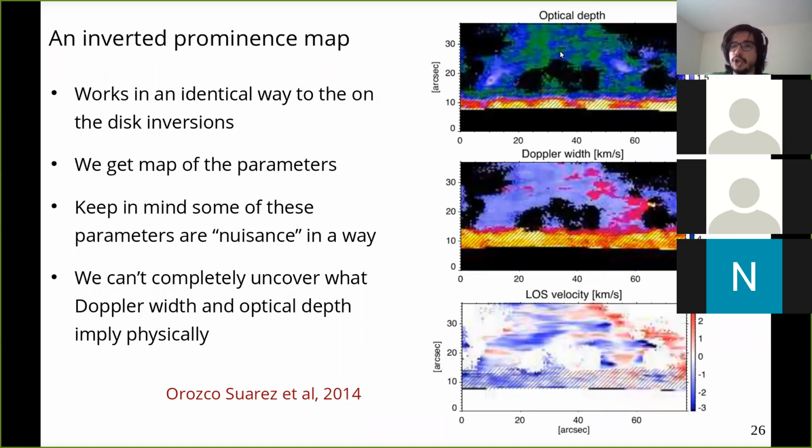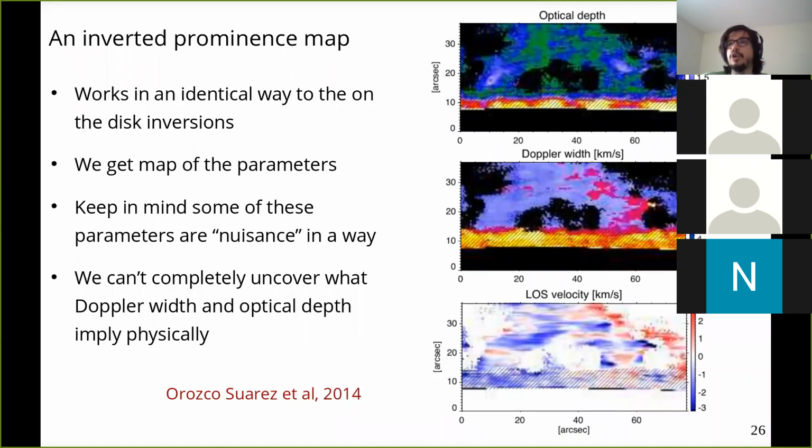And the similar is for the Doppler width. So simply the Doppler width tells you where the lines are more broad and less broad. And if I may notice, it seems like the places where the optical depth is smaller coincide with the places where the Doppler width is higher, right? So that's an interesting one.